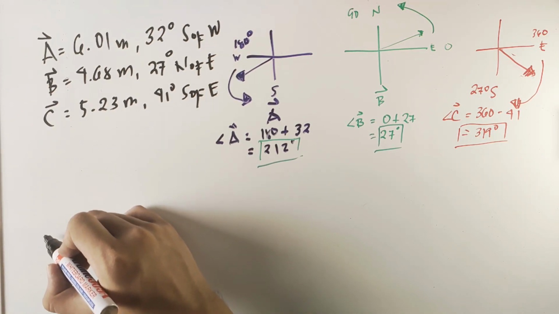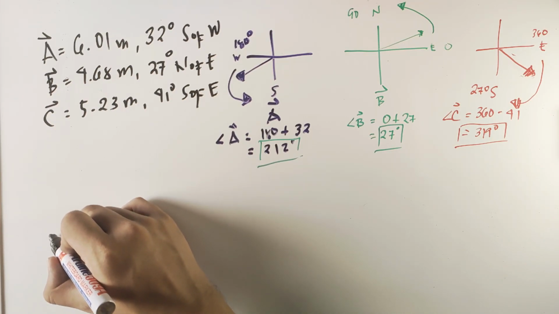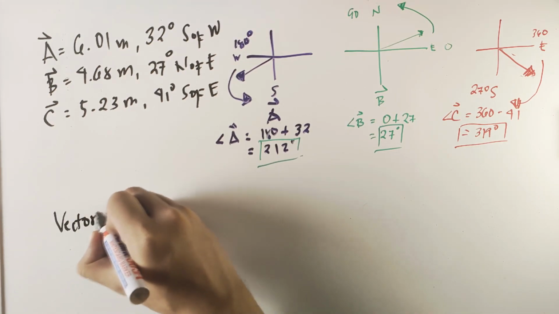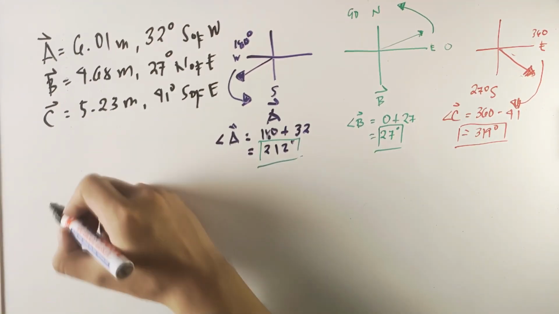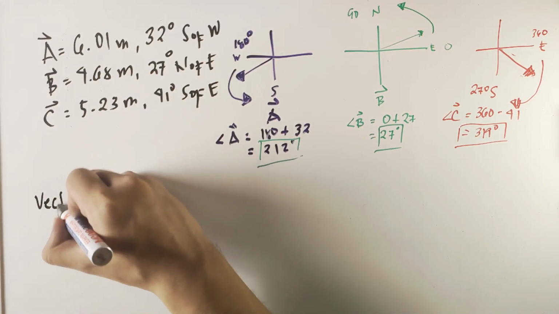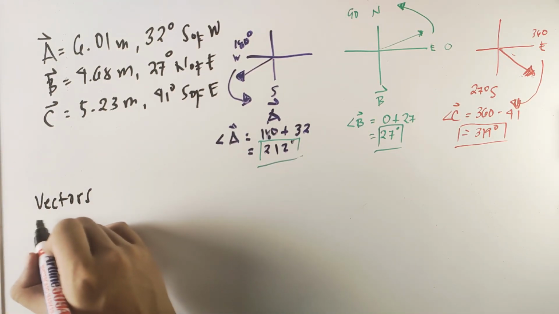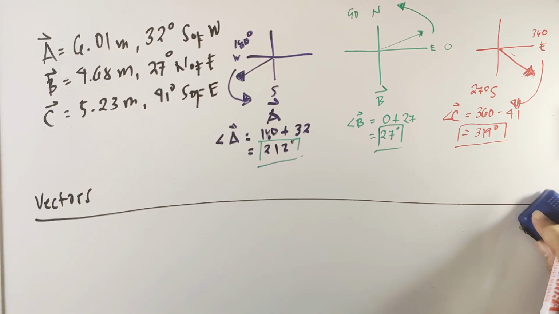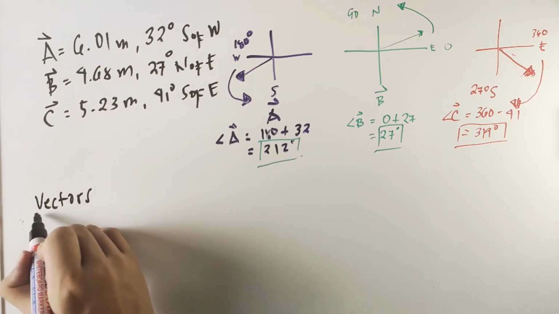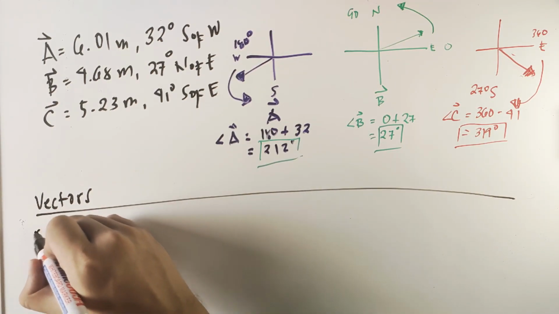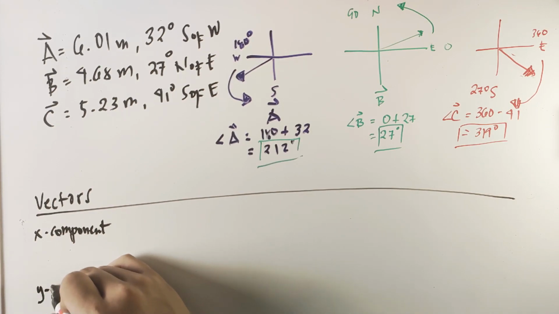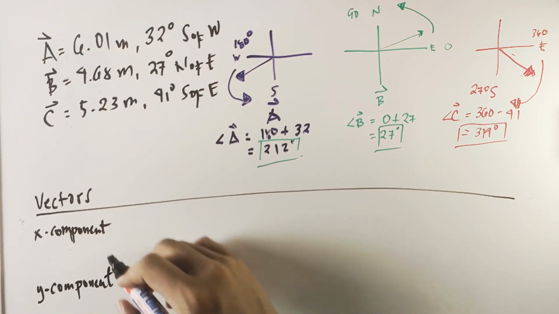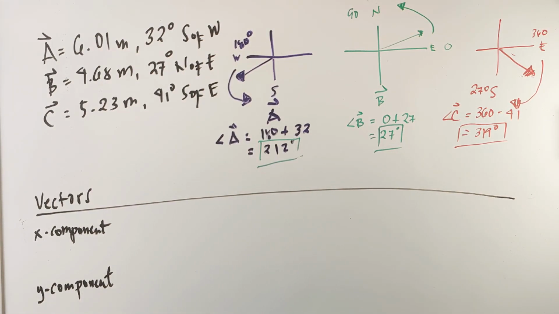So we have the x component here, vectors, then we have the x component, then the y component. Let's do the x component first.